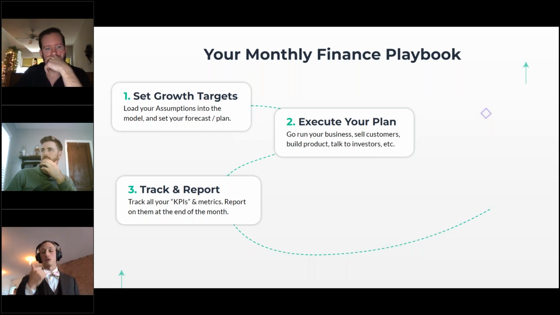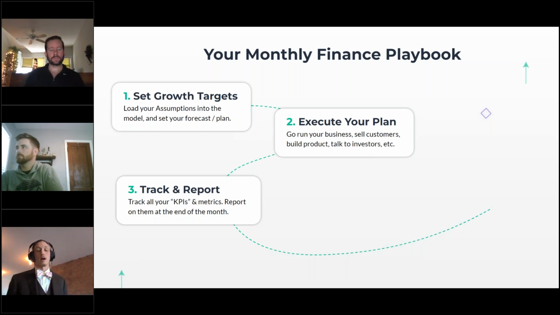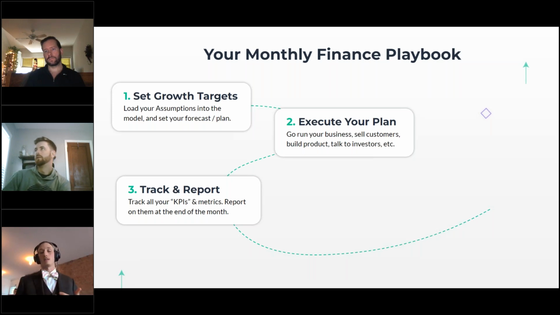If you have a target for new customers, or total revenue, or these expense budgets, you need a system within your company to track those numbers, so that at the end of the month you can ask yourself, did I hit that number or not? So tracking and reporting is really something you want to set up, and then be doing throughout the month or at the end of the month.